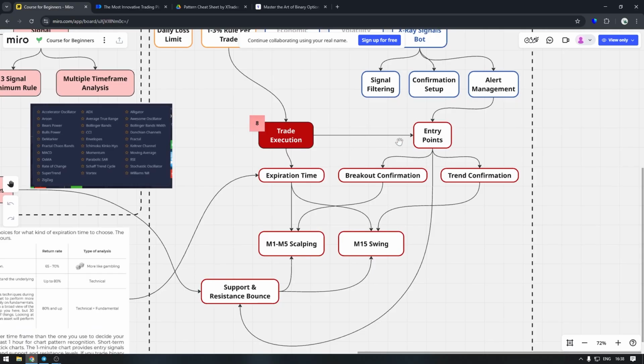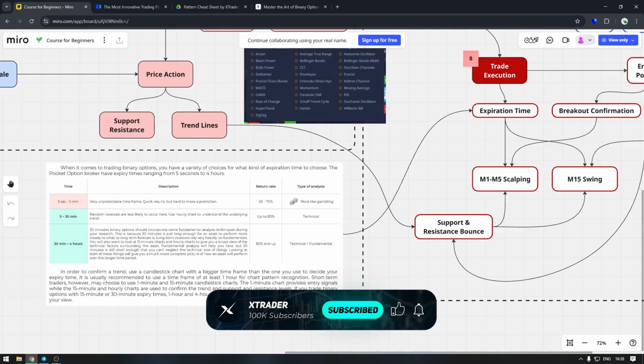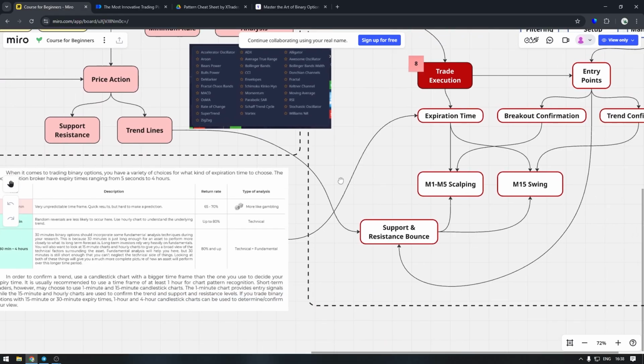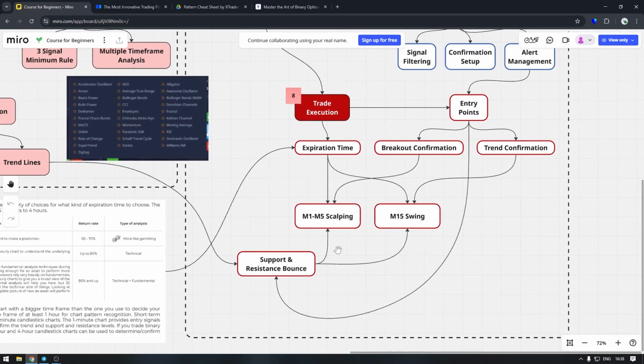Here you see different types of entry points, like breakout confirmation, trend confirmation, support and resistance bounces. In trade execution you select your expiration time. Here is a cheat sheet for expiration time selection, and then you choose your type of trading, like scalping or swing.